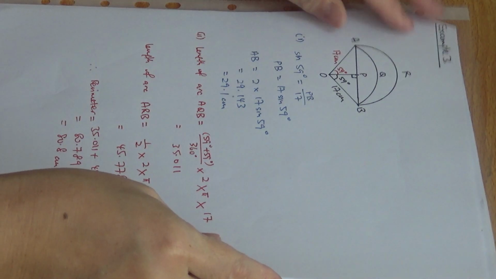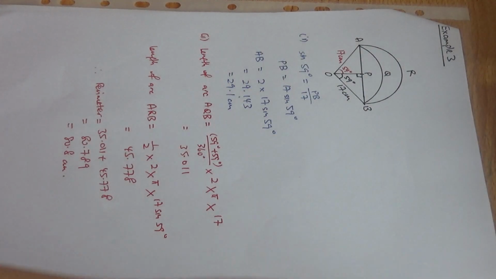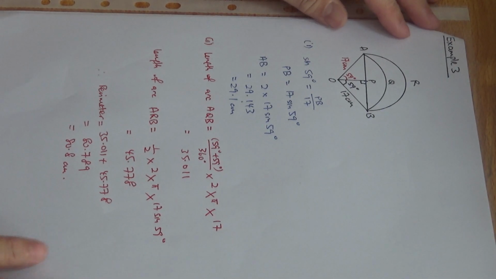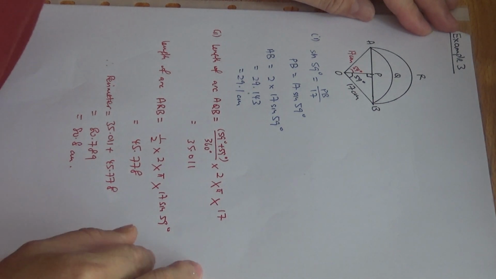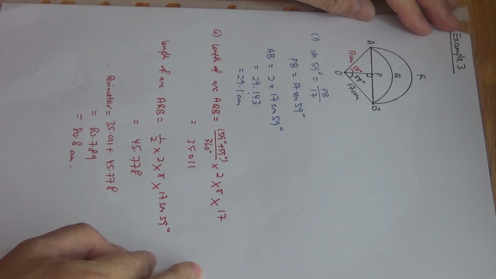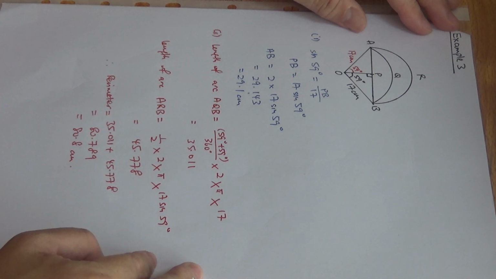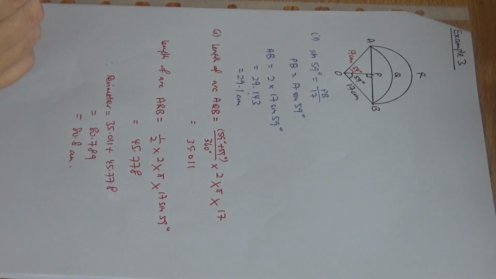Alright, next I'm going on to work example 3 that is found on page 252. Now, the question states that first of all you have to find the length of AB.